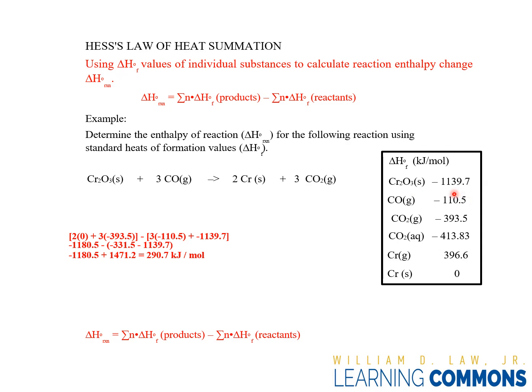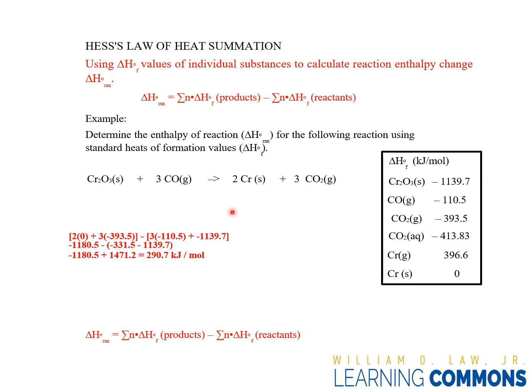The carbon monoxide they give me here, the delta H formation, and also the chromium they give me here in the product. But here it's solid, so it is 0, and the carbon dioxide they also give me here.